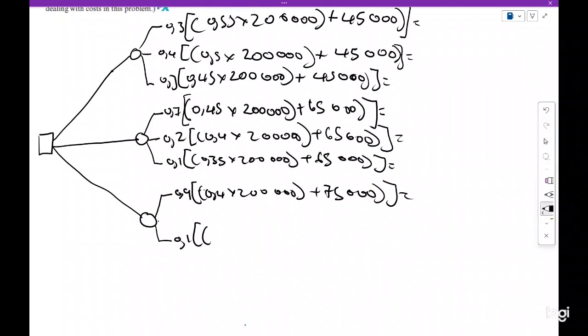Okay, then we have 0.35 multiplied by 200,000 plus 75.